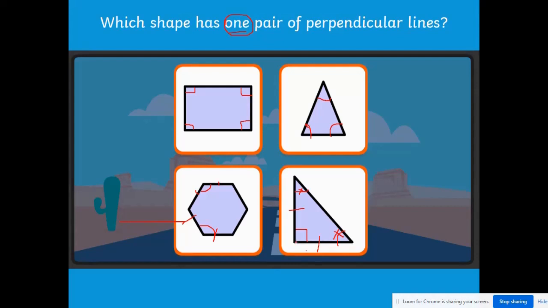Okay. So how many pairs of perpendicular lines are there in this shape? One pair, because I have only one right angle. So which shape has one pair of perpendicular lines? This triangle. Okay, let's go ahead.